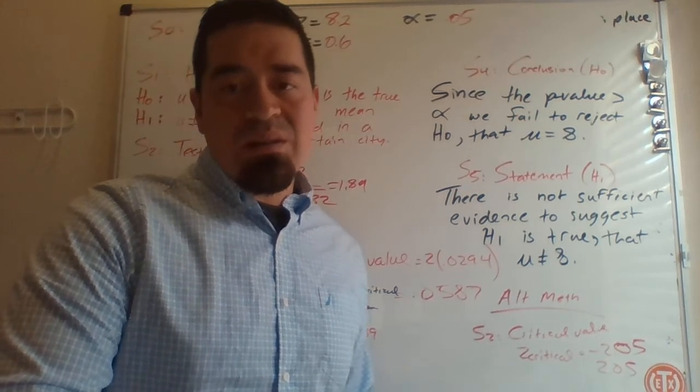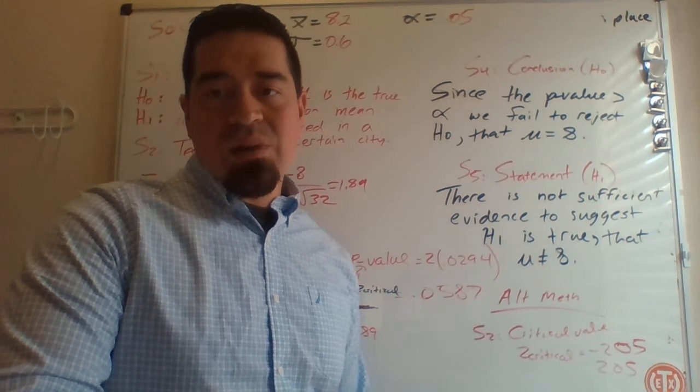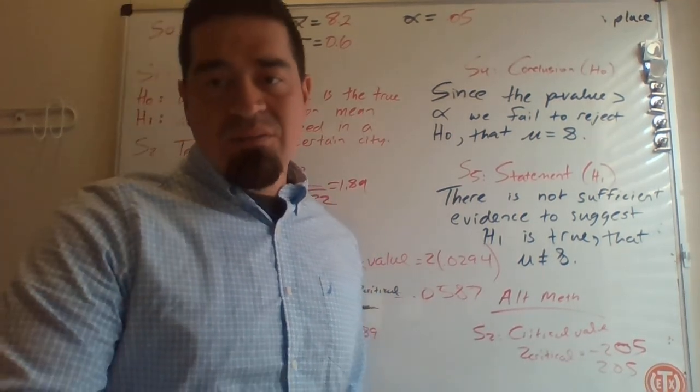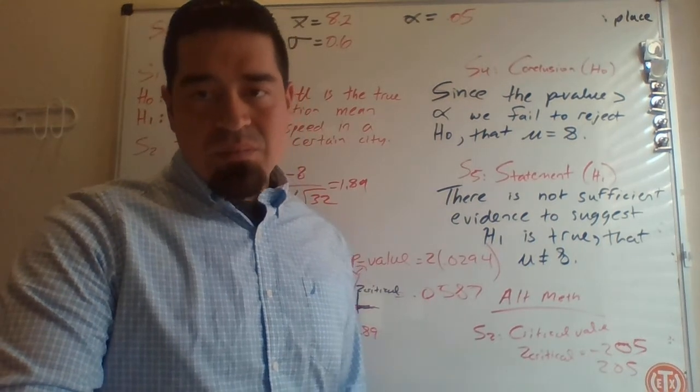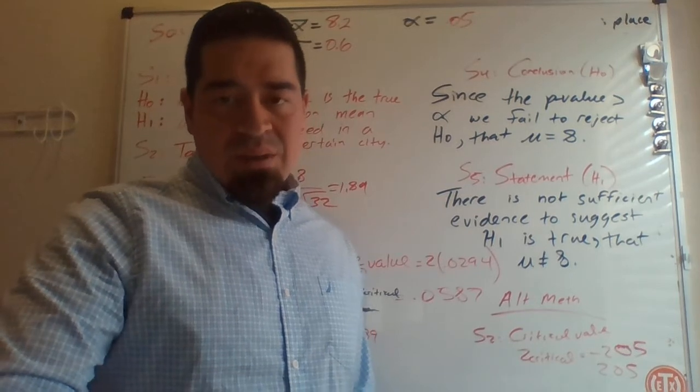If the p-value is between 0.01 and 0.05, the difference is significant, but not highly significant, but significant. So you see the levels.